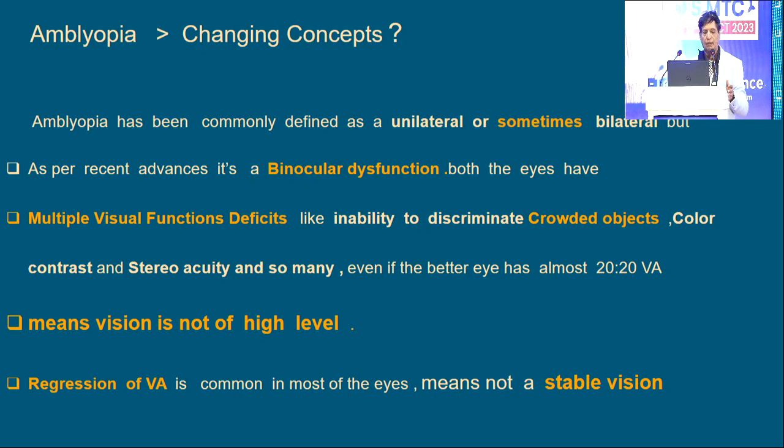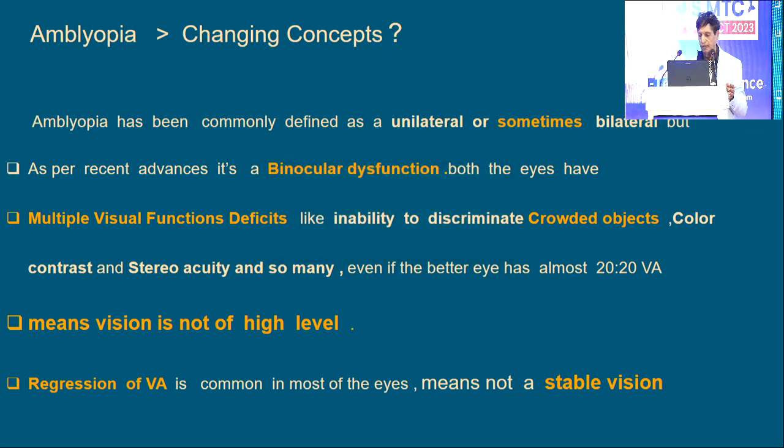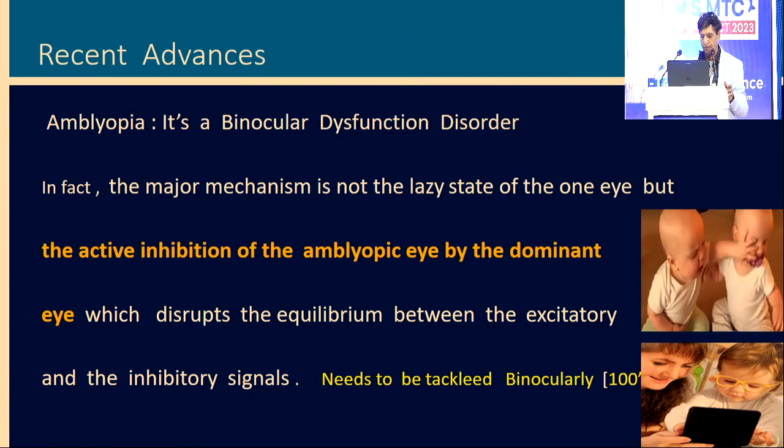But as per the recent advances, it is a binocular dysfunction, where both eyes have multiple visual function deficits like inability to discriminate crowded objects, color contrast, stereo acuity and so many things. Even if the better eye has almost vision 20/20, the vision is not of high quality. And the regression problem I told you about: more than 25 to 50% of cases show regression.